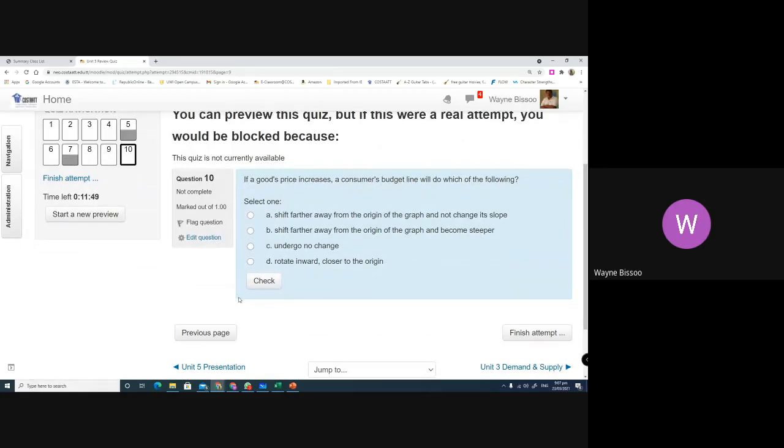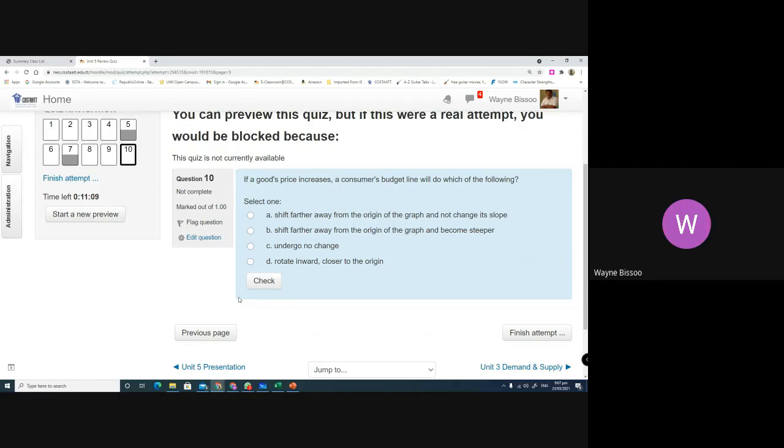If a good's price increases, the consumer's budget line will do what? So would it be D? Yes, it rotates or pivots inwards.